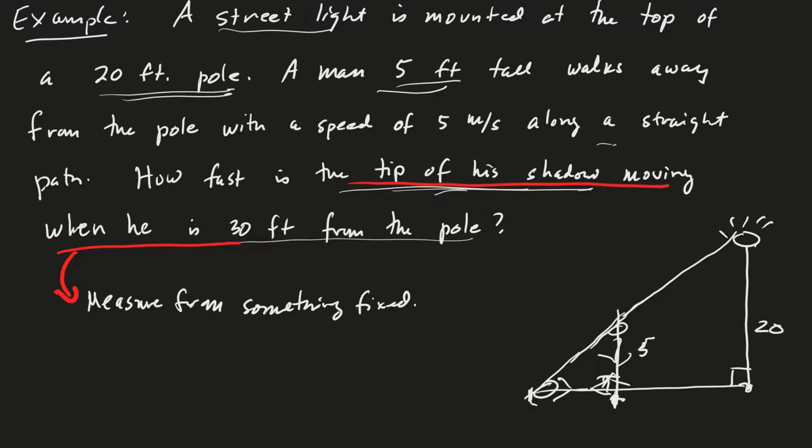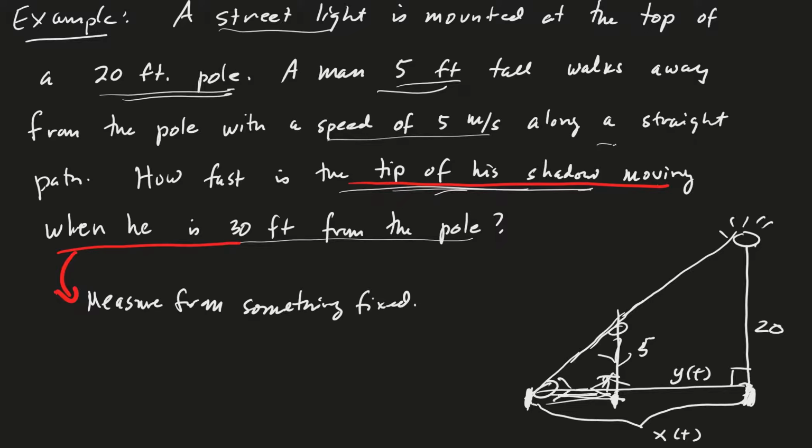Okay, so our street light is fixed, and so therefore this would be a good way to measure the tip of the shadow, x of t. Our actual shadow is just this much, right? But the rate of change of this tip is going to be measured from the base of the light. Good. Okay. Now what else is changing here? What else is fixed? When you're saying that the man is walking away from the pole with a speed of 5 meters per second, that means that this is the variable, right?